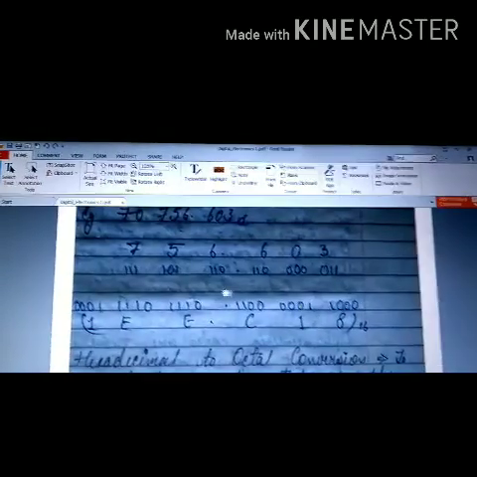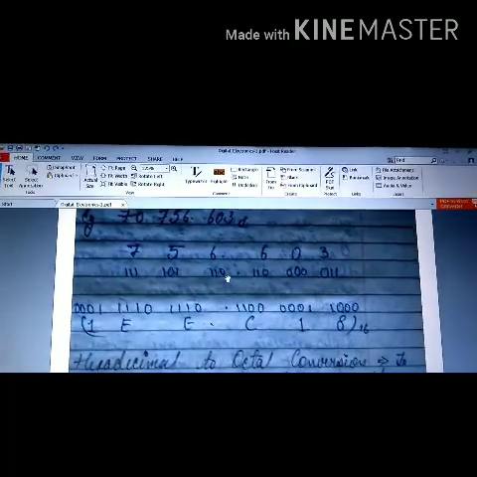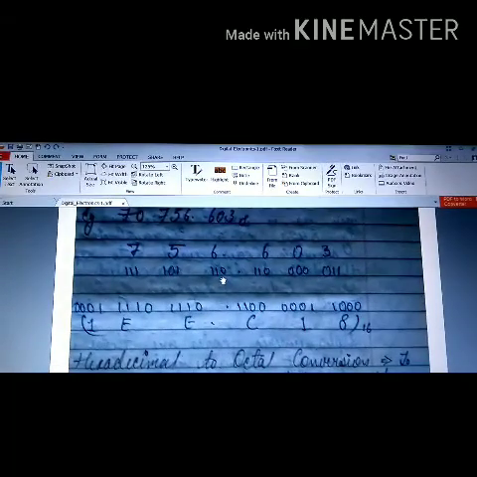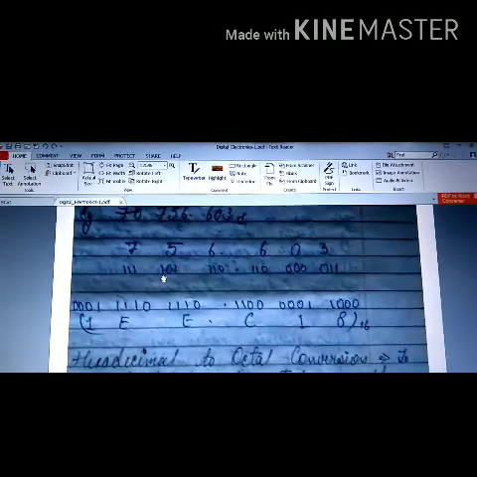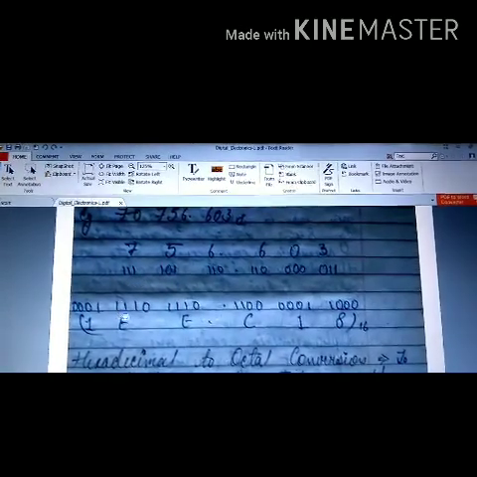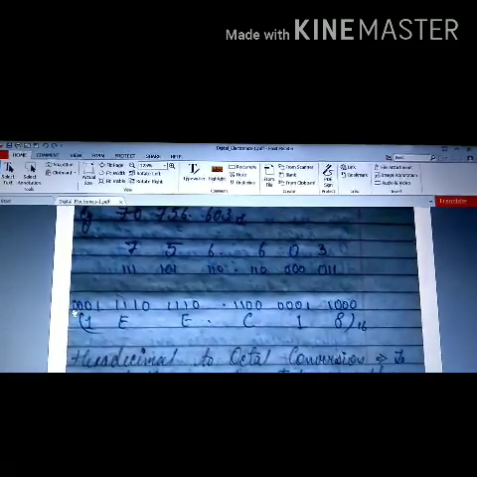Now instead of making groups of 3, I will use this number and make groups of 4 here. So 0111 is one group, 0111 another group, and 1 will be left, so it will be this much. So this was 9 digits.